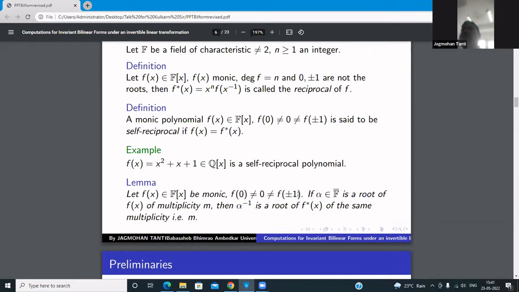If alpha is a root of f of x of multiplicity m, then alpha inverse is a root of f star of x of the same multiplicity m.